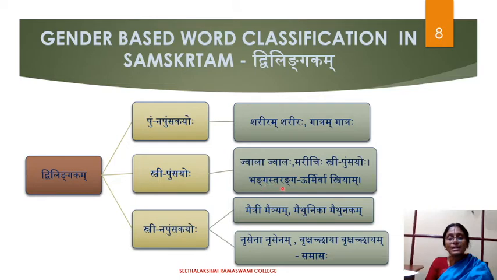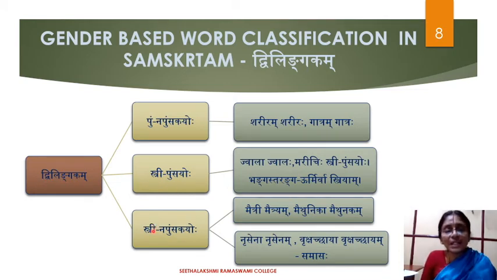Similarly, Bangaha, Tarangaha, Urmihi, these 3 words are the synonyms of tides, waves. All these 3 words also can take up feminine and masculine forms. So these come under Stri Pumsayoho Dvilingaka pada, which can take up Strilinga and Pullinga.